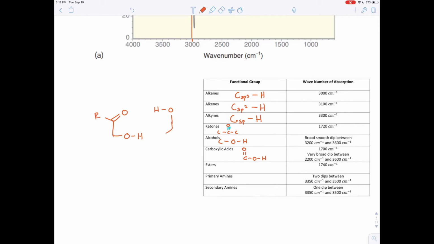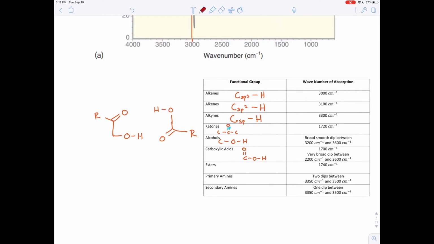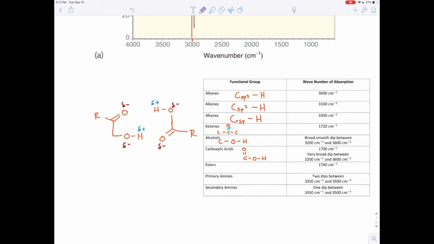So for example, here you have 2 carboxylic acids, and the oxygens on these are really electronegative, so they're going to be slightly negative. And the hydrogens are losing the electrons because they're bonded to the oxygen, so they're slightly positive. So notice, whereas each alcohol could only form one hydrogen bond to another molecule, these can pair up and form 2 at the same time.